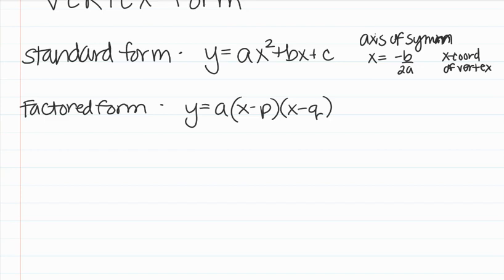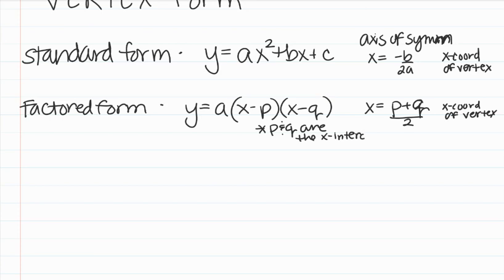And in this case, our axis of symmetry was found by taking the two intercepts, dividing by 2, and that gave us our axis of symmetry and the x coordinate of the vertex, right? Remembering that p and q are the x-intercepts.